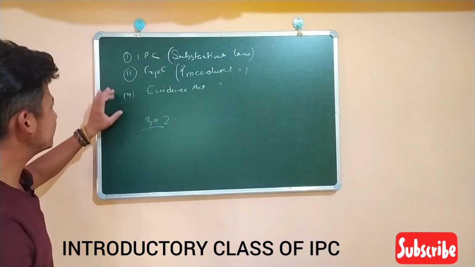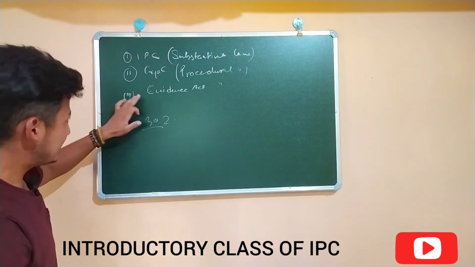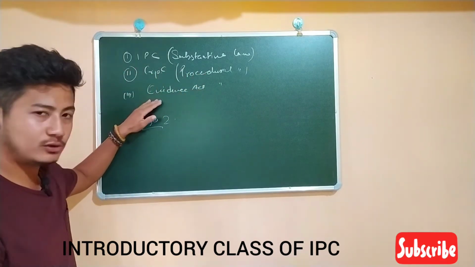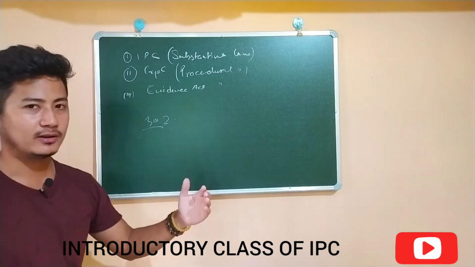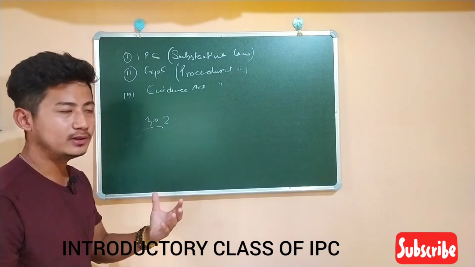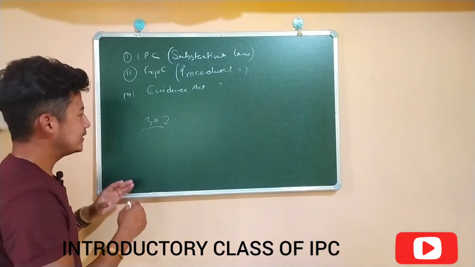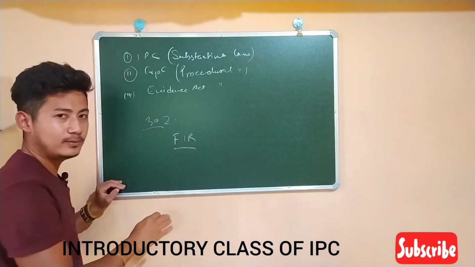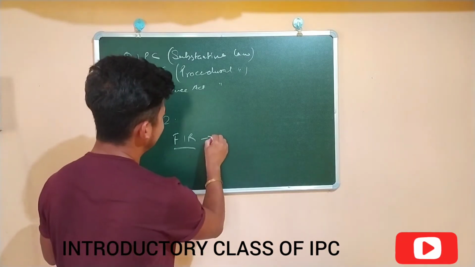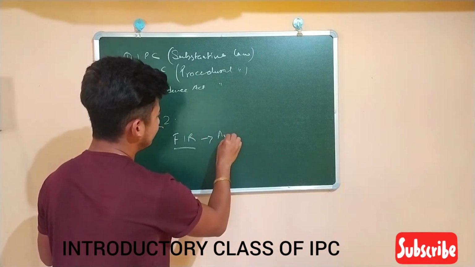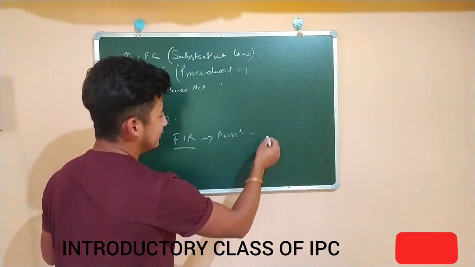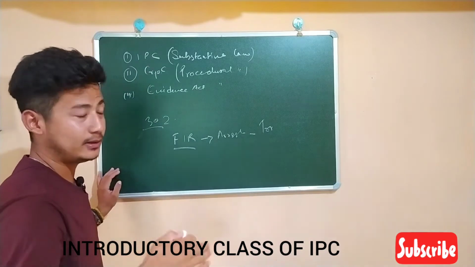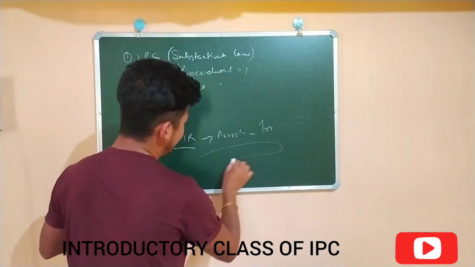All right, then comes the 3rd, the Evidence Act. What is the Evidence Act? It is also a procedural law, and it gives the procedure for how evidence is taken. Once you file an FIR in IPC cases, after the FIR there will be an arrest, then the accused will be produced before the magistrate, and there will be a trial and hearing.